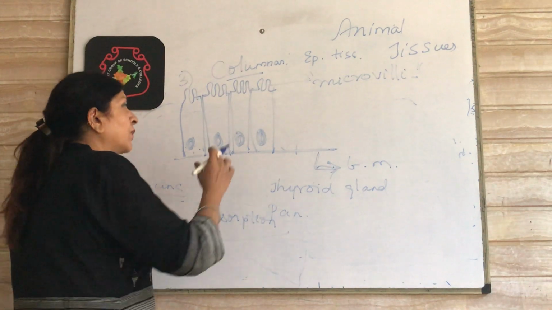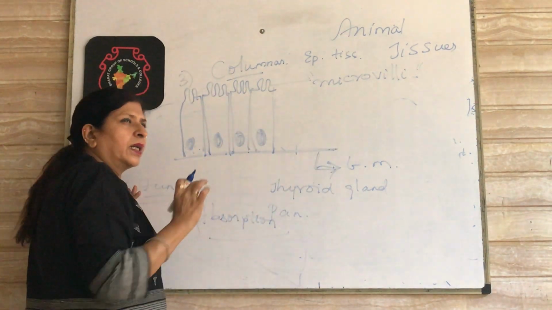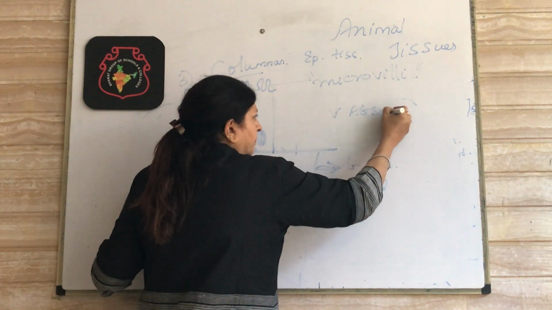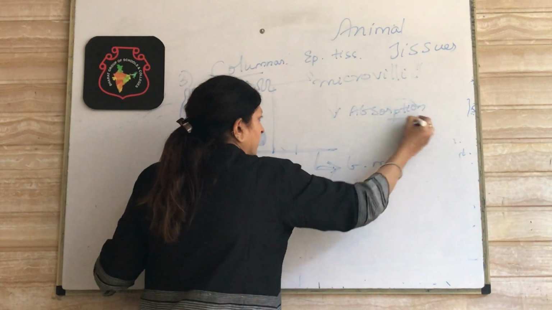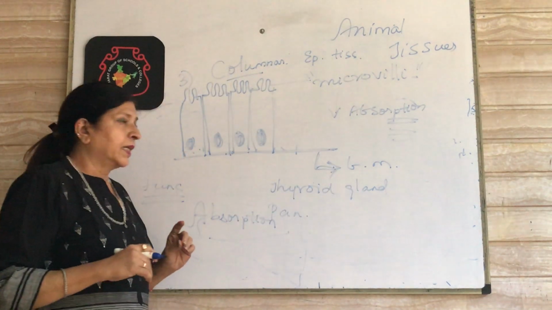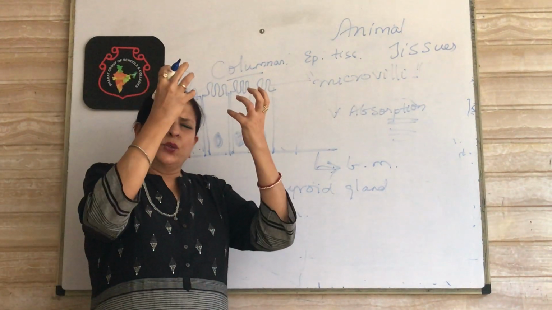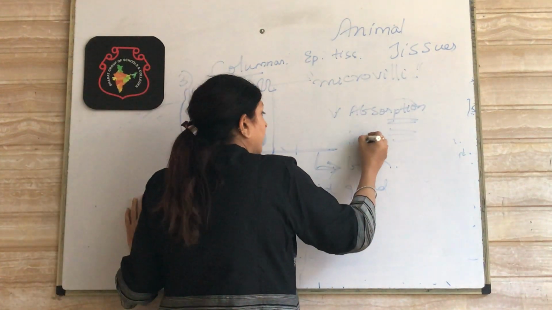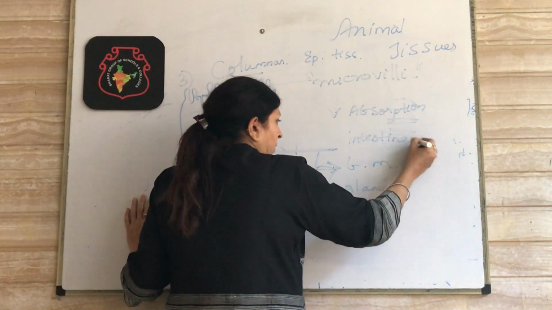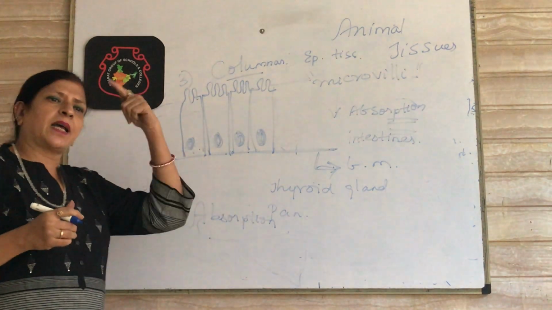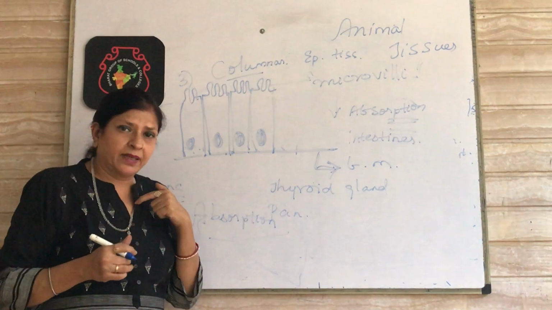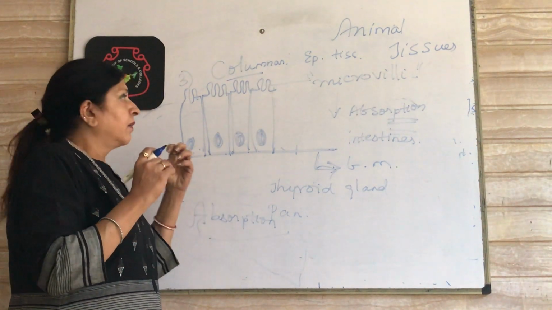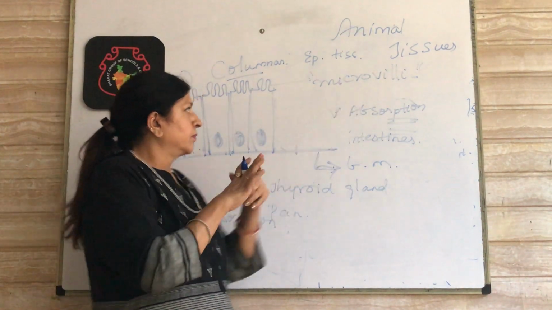Now this microvilli, its major role is absorption. You find this in abundance in your intestines, in the inner lining of your intestines, so that whatever we are eating, the nutrients get very well absorbed.